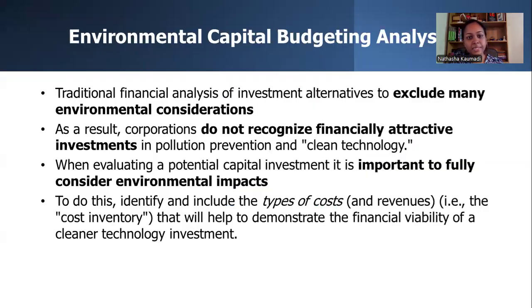Third EMA tool is environmental capital budgeting analysis. This is very important. Now, capital, we call it capex in organizations. Basically, capex means in the budgeting, you are allocating money to purchase the relevant machines, furniture, equipment for your production. But when it comes to environmental friendly things, some machines are required for environmental aspects.